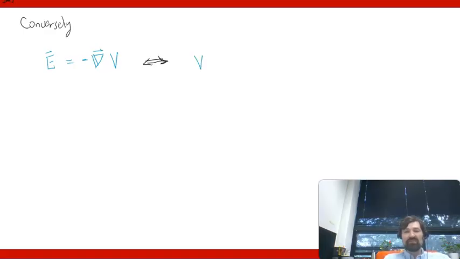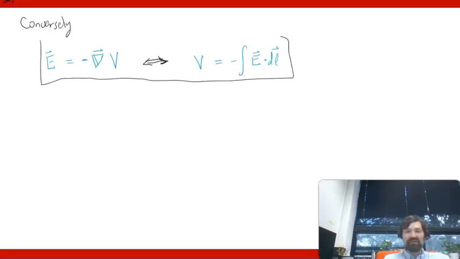So we could either do V is equal to negative integral E dot dl or ds, or we could say that E is negative gradient of V. And you may want to know, what is the gradient operator?